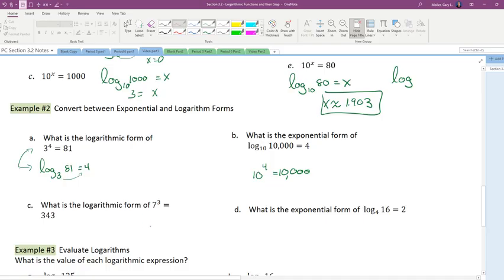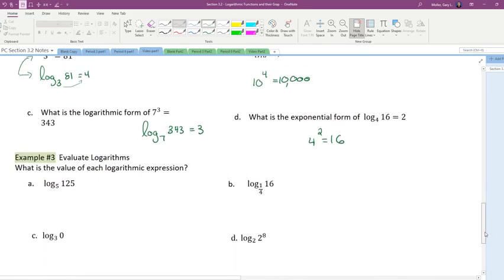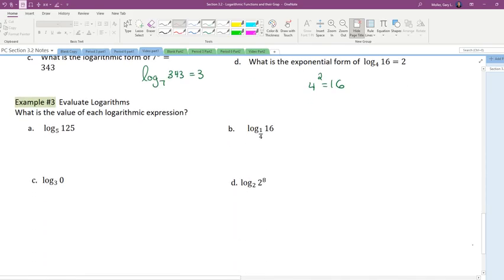I could write as a log: log base 7 of 343 is 3. 7 cubed is 343. And log base 4 of 16 is really just saying 4 to the 2nd power is 16. All right, so once again, our goal here is just to get comfortable.